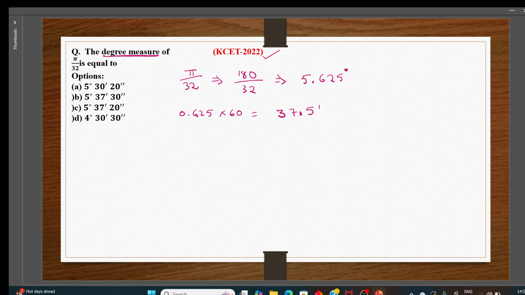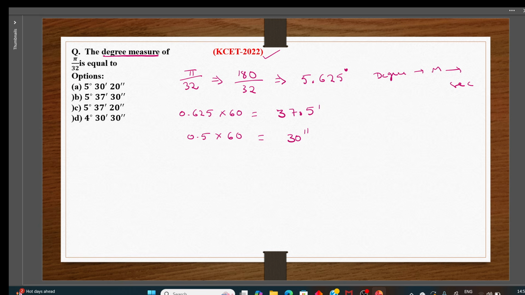So we multiplied 0.625 degrees by 60 to get minutes, degrees into minutes. Again, minutes into seconds: 37.5 minutes multiplied by 60, we get 30 seconds.